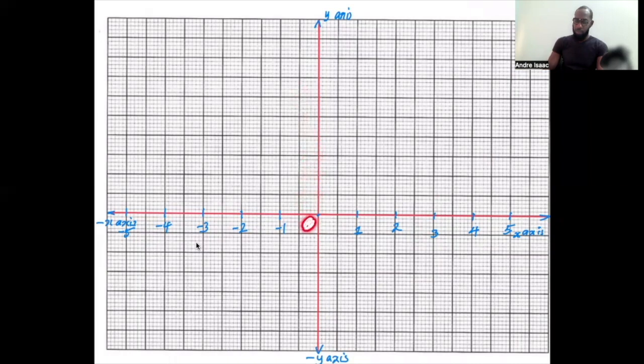This here represents 1 box, so this is negative 1, negative 2, negative 3, so on.